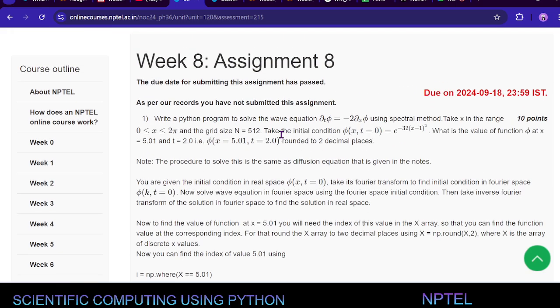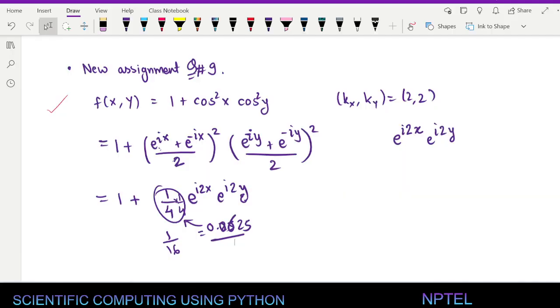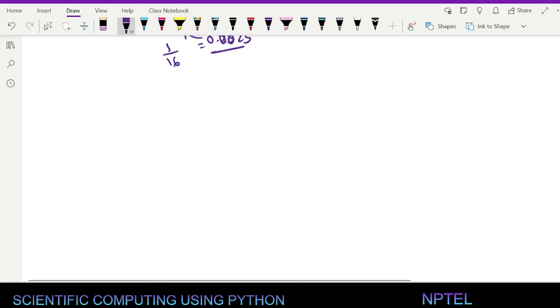But one thing I can tell you is that for this kind of question, you can do it analytically, right? For example, in this one, c is already given to be 2 pi, and you know that phi of x comma t is phi of x minus ct comma 0.